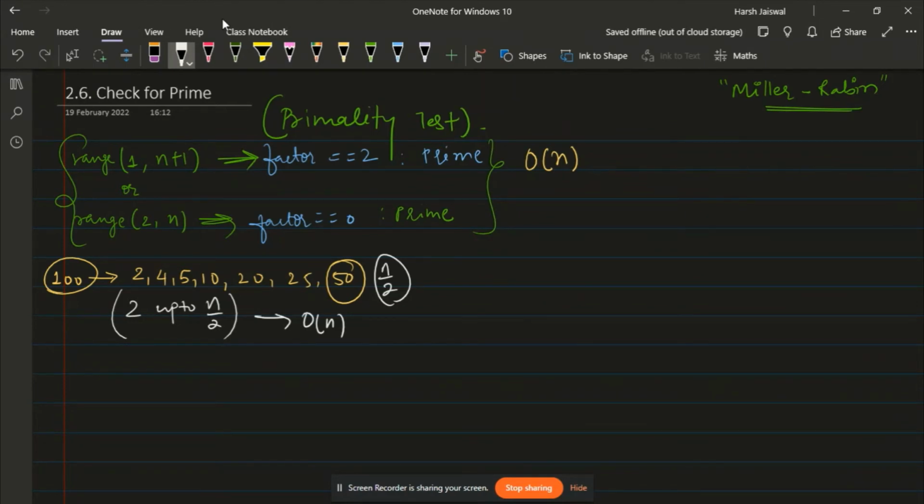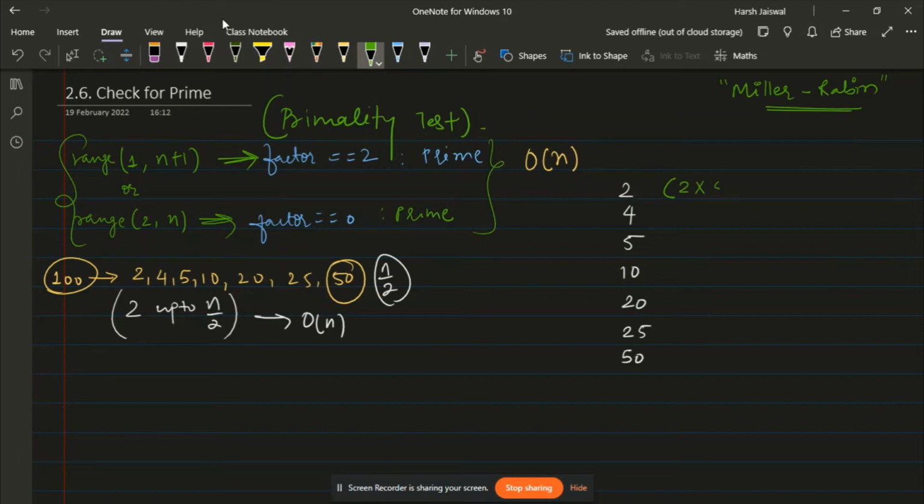Now let us see something more. What are the factors? We have 2, 4, 5, 10, 20, 25, and 50. These are all the factors of 100. What you can see is how we can write 100 from here.